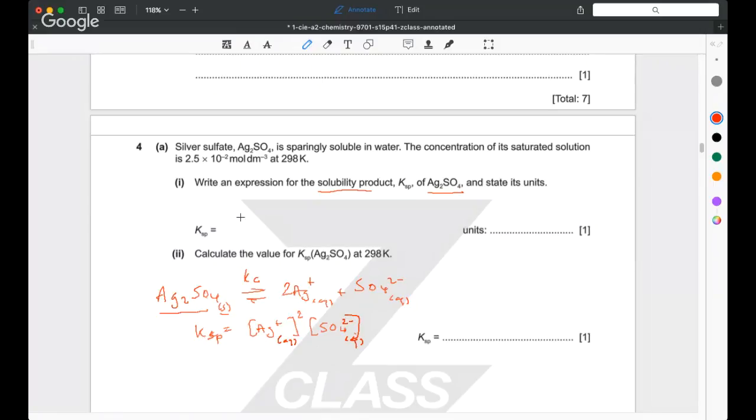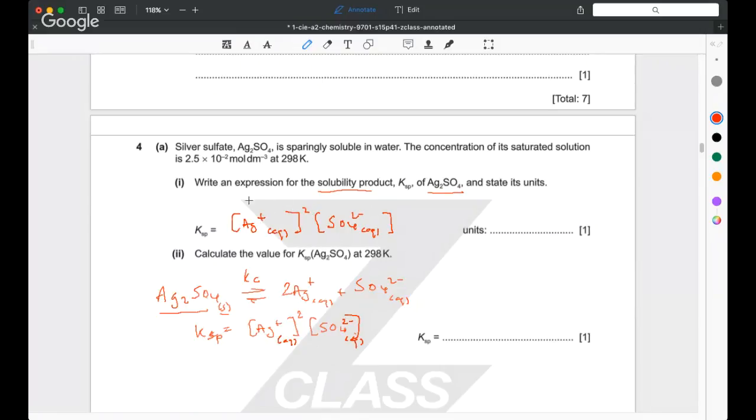So the correct expression for the solubility product is the silver ion concentration, and we have the state symbol in there, and we have two of those, and we've got the sulfate ion concentration there. Now, that's our solubility product expression, and these concentrations, of course, are in moles per decimeter cubed.